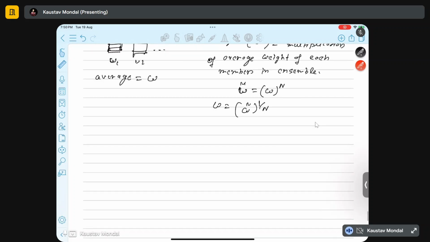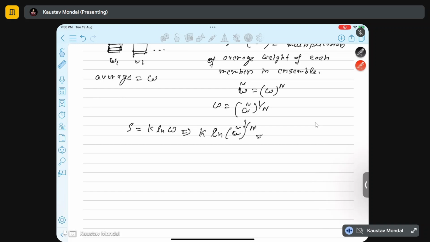So if you write, for a single member, if the entropy looks like this, ln W, for the whole we can write this in terms of the whole ensemble, the weightage of the ensemble also, right? It will be W tilde 1 by n.